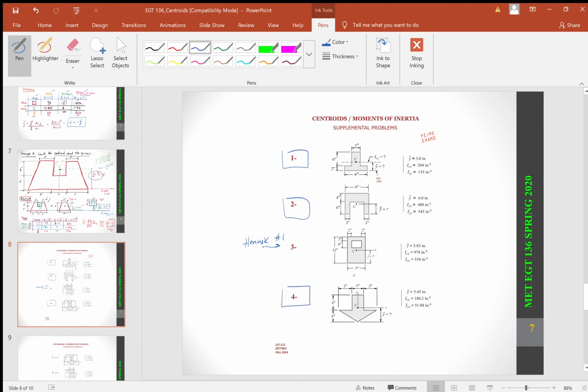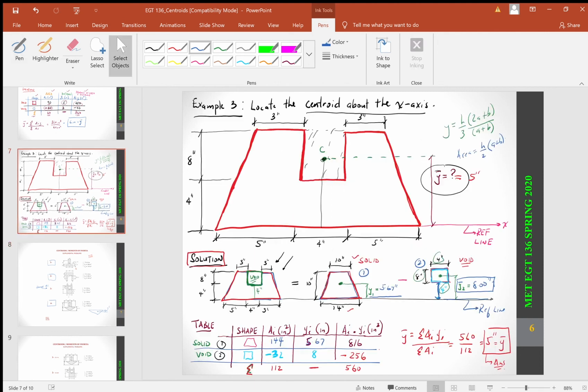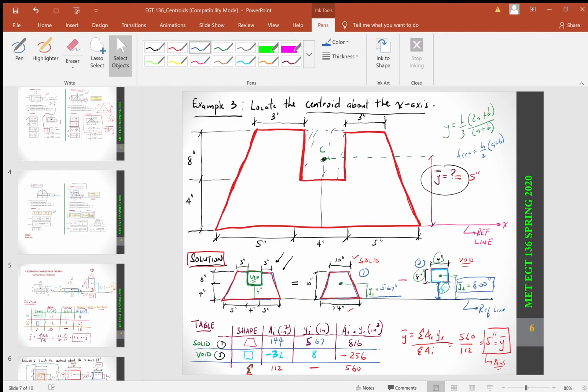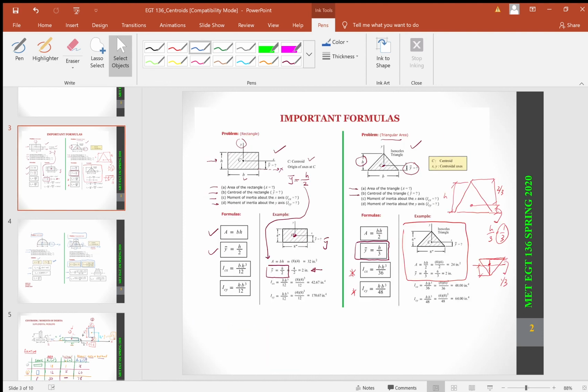Again, think of the triangle. From here to here is going to be your distance, h over 3.